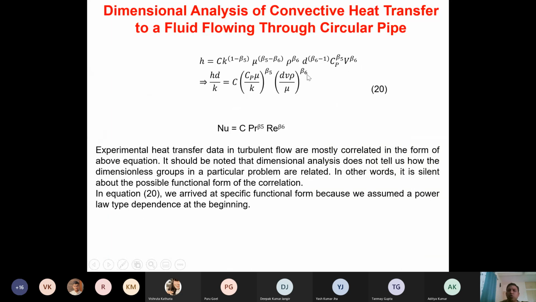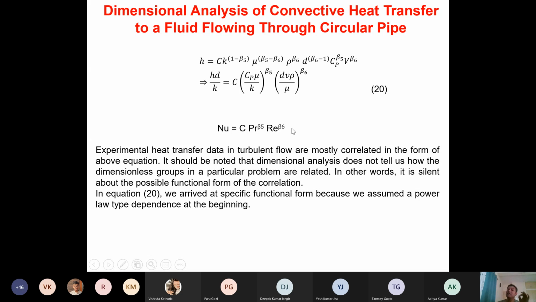So if we put them in, on the left hand side we get hd by k equals C into (cp mu by k) raised to the power beta 5 and (d v rho by mu) raised to the power beta 6. That is nothing but Nusselt number is related to C into Prandtl number raised to the power beta 5 and Reynolds number raised to the power beta 6.